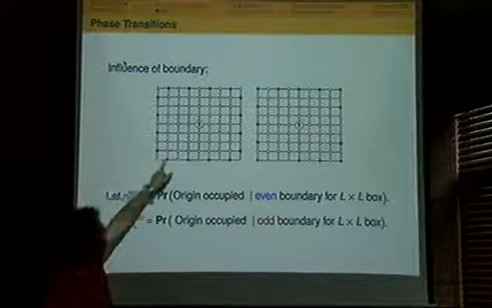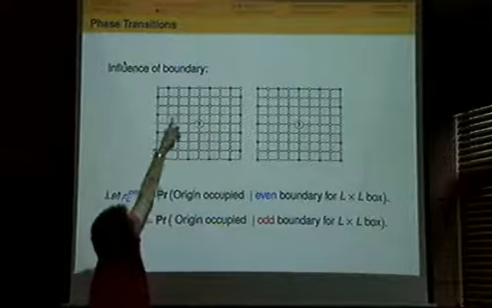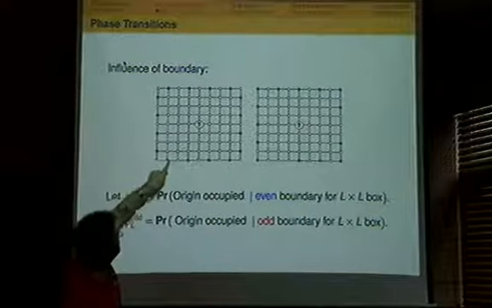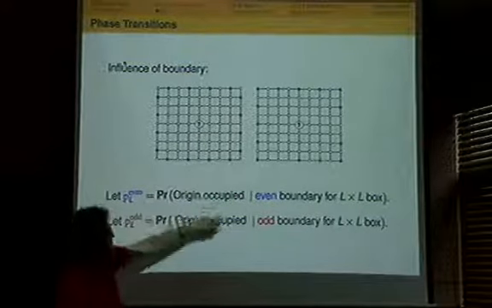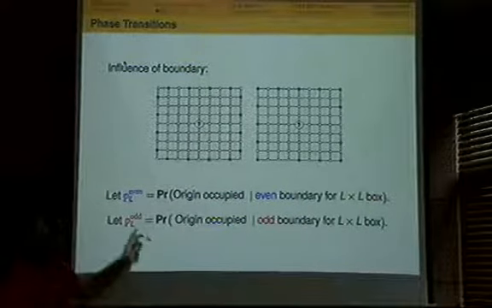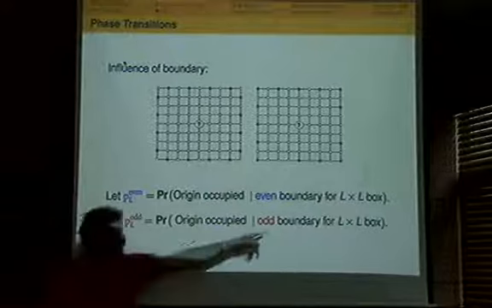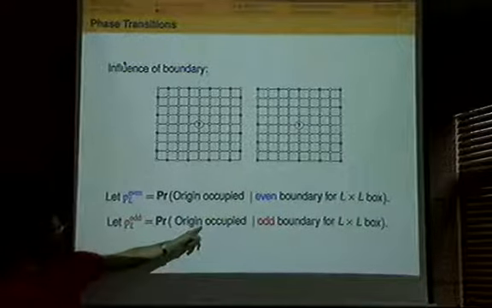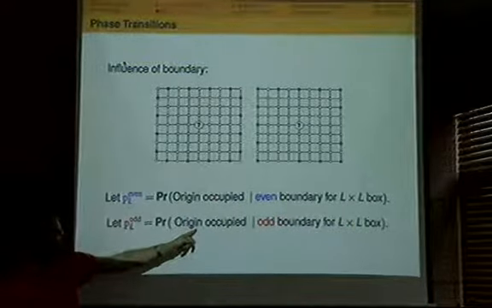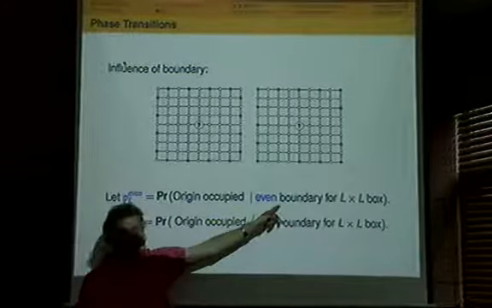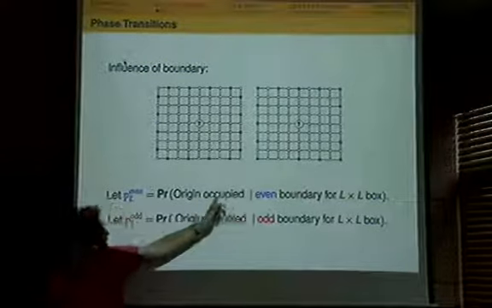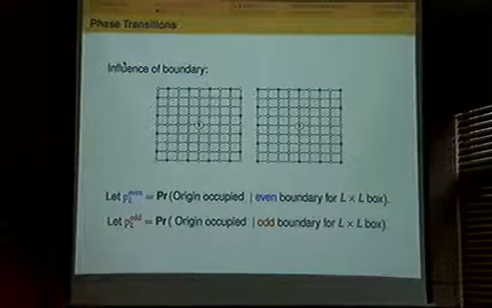And what I want to do is fix the boundary, say I fix the odd vertices on the boundary to be occupied. And I then sample from that distribution, conditional on that, and I ask the probability the origin is occupied. Okay? Or I fix it to be the even boundary, and then I ask the probability the origin is occupied.